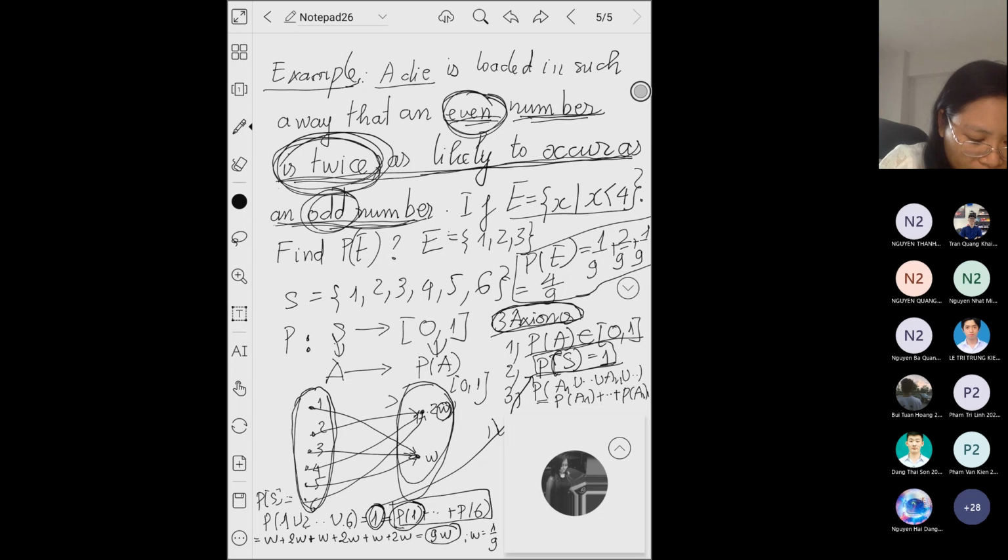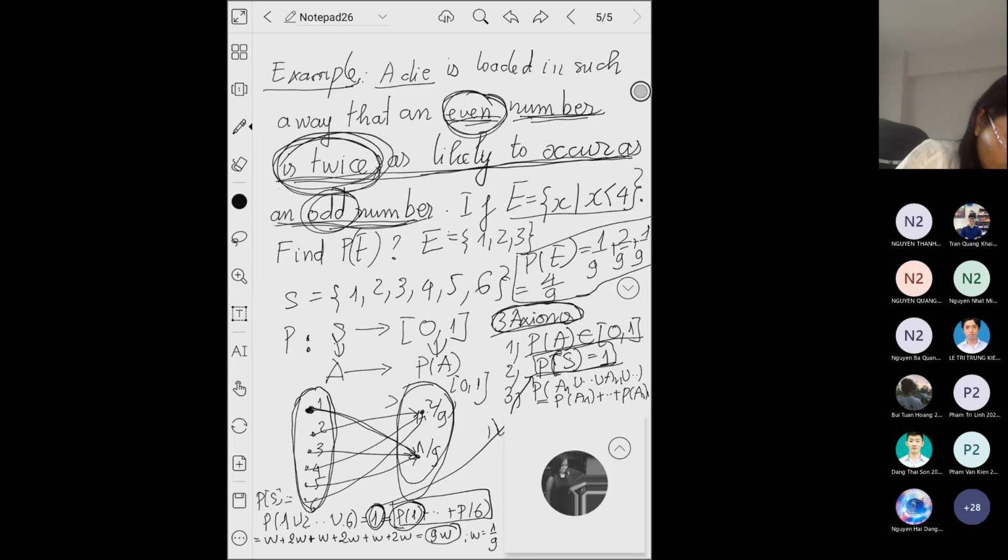So here is the map: W here is 1/9, and 2W is 2/9. It means the probability of the event 1 is 1/9.